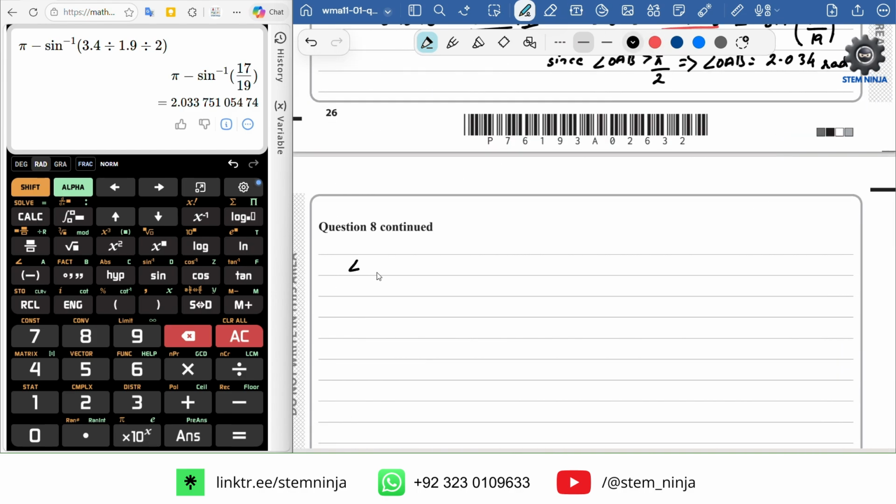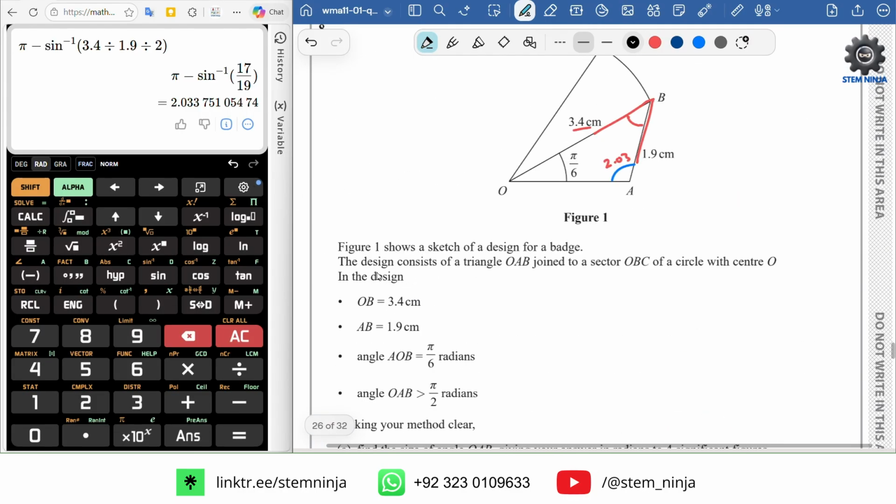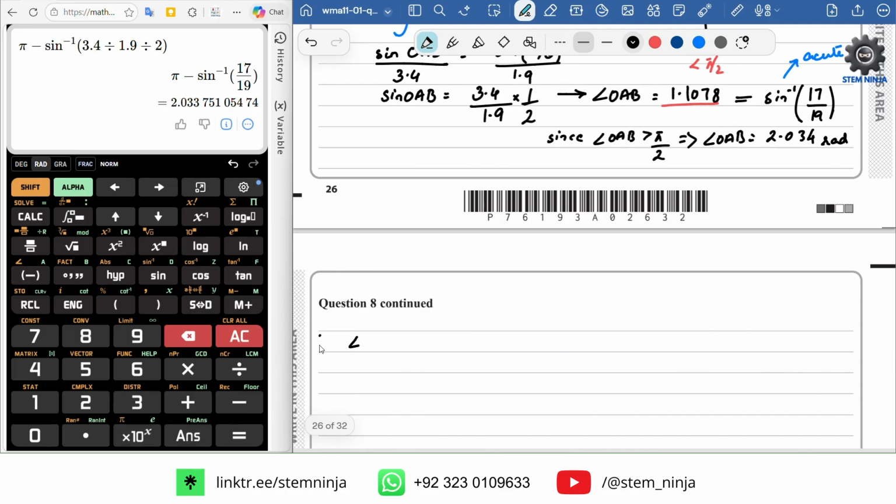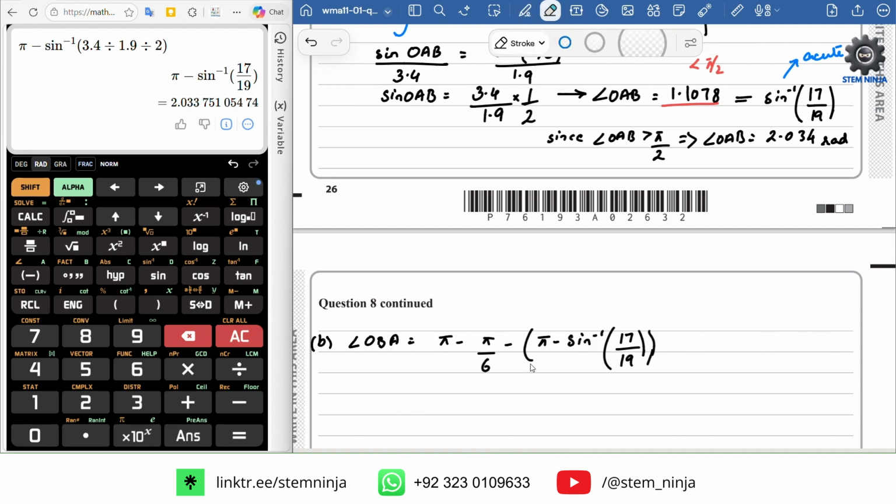So the angle OBA is pi minus pi by 6 minus pi minus sine inverse of 17/19. Okay, so that means you can change the signs. This would become plus. So pi minus pi get cancelled.